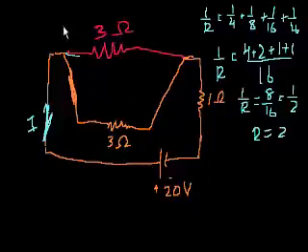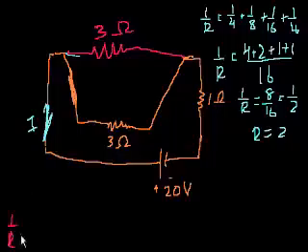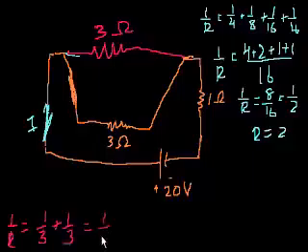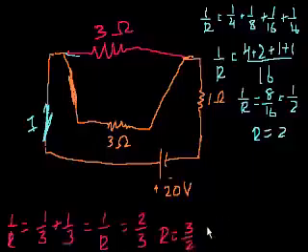So what do these 2 resistors simplify to? Well, 1 over their combined resistance is equal to 1 over 3 plus 1 over 3. It equals what? 2 over 3. 1 over R is equal to 2 over 3. So R is equal to 3/2, or we could say 1.5.